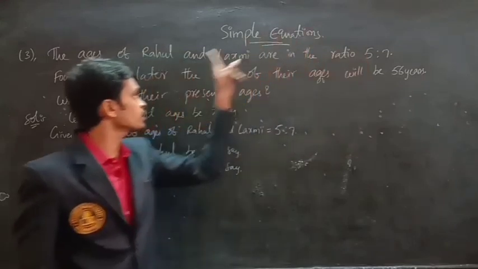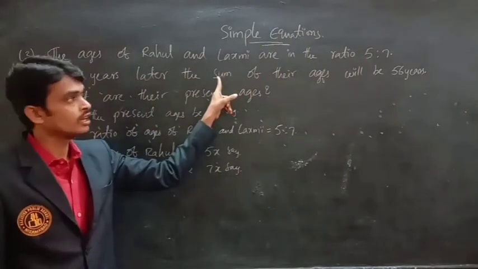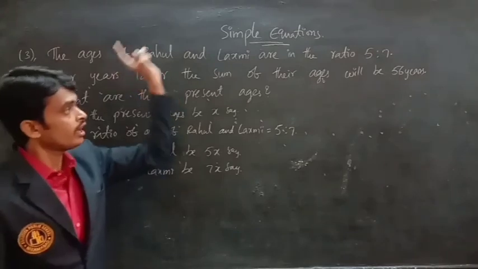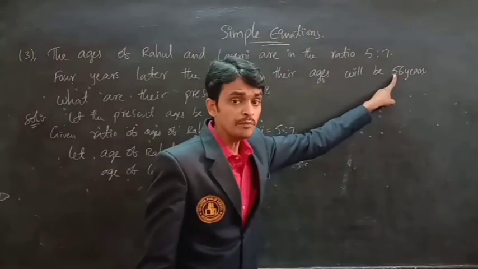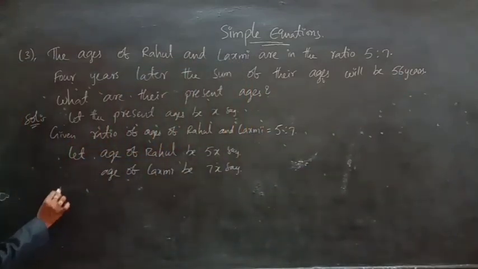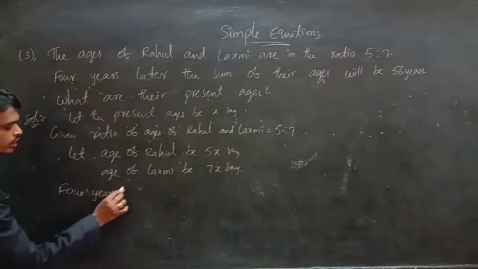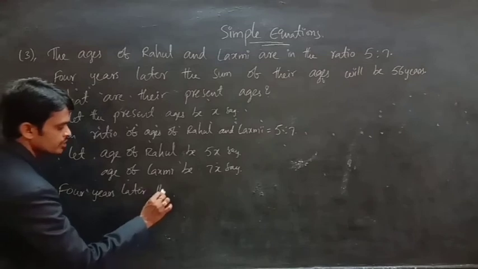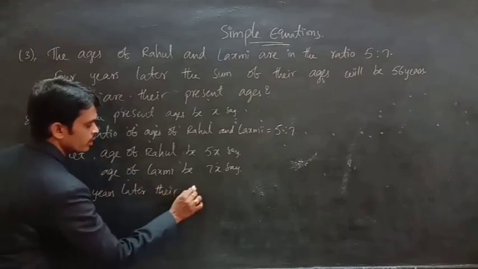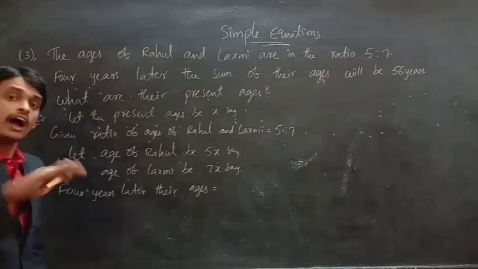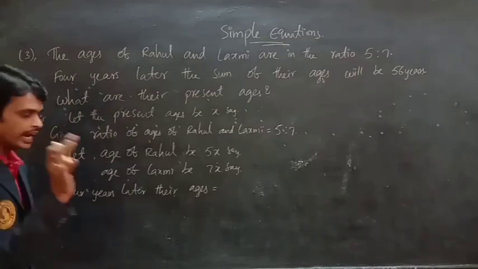After 4 years, the sum of ages will be 56 years. Then what did they say? 4 years later their ages, 4 years later, nothing but after, nothing but we have to add.